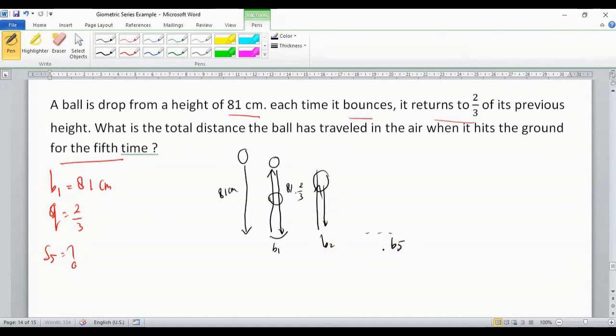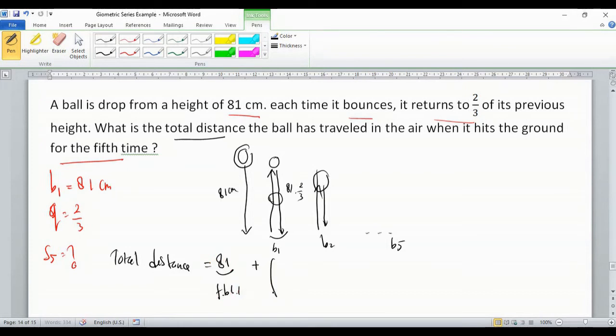Okay. So from here, we know that they ask for the total distance. The total distance is, they have a starting point because the ball is dropped from the height, that's the first. So 81 is the first time the ball touches the land, plus.